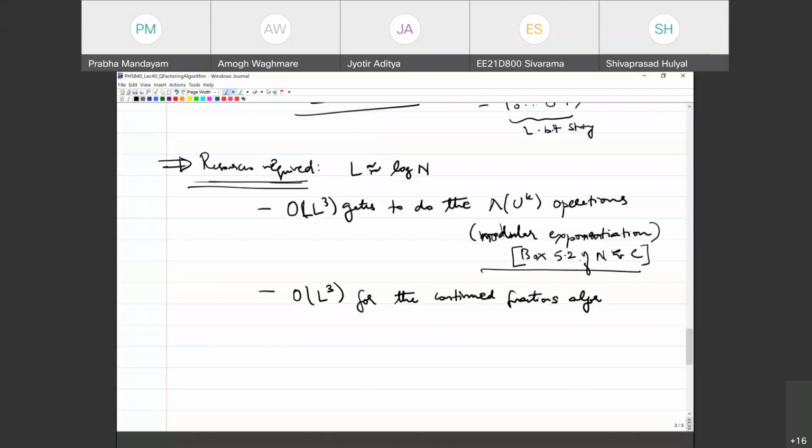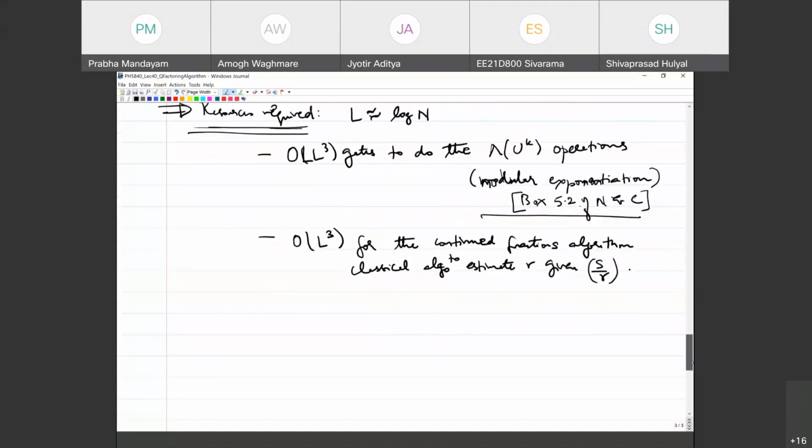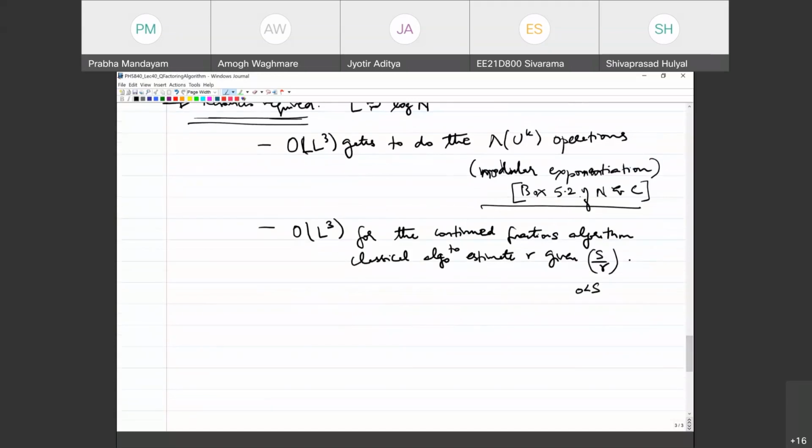This is a classical algorithm which is going to estimate R given S by R, where S is something between 0 and R minus 1.